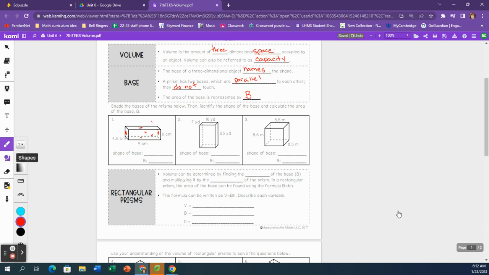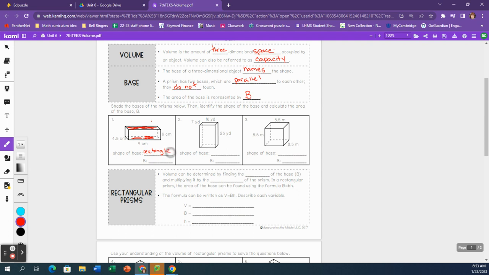For this one, we're just going to identify the top and the bottom. So we're going to shade it. The shape of it is a rectangle, so I can write down rectangle.